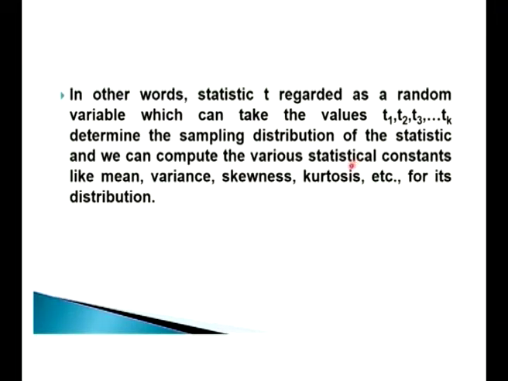The moments we calculated, mu1 is 0, mu2 is npq, that is variance, mu3, and like that; using the moments, the measures of skewness and kurtosis were also developed. Like we have done in binomial distribution, we can also compute the statistical constants mean, variance, skewness, kurtosis, etc. for the sampling distribution of the statistic also.